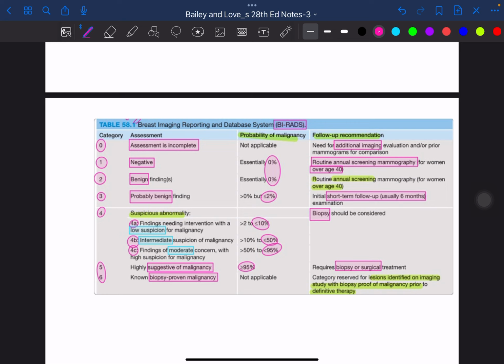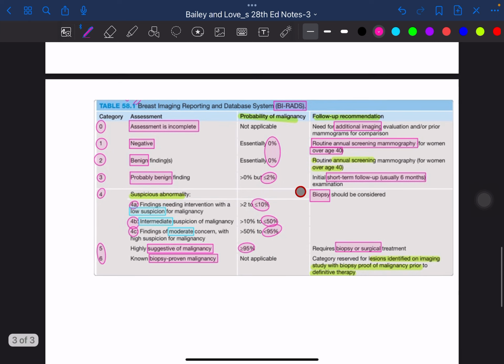Now BI-RADS category 1. In category 1 and category 2, there is 0% probability of malignancy. 1 is negative, 2 is benign. Okay. In 1 and 2, you have to do annual screening mammography if the patient's age is over 40 years.